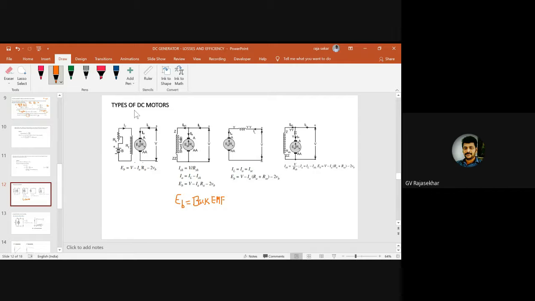This is a separately excited DC motor. This is a shunt motor, this is a series motor, and this is your compound motor. And these are the equations. So please write these equations and draw the diagrams.